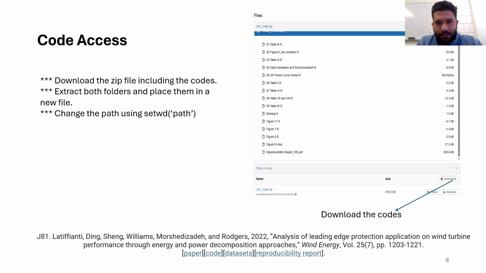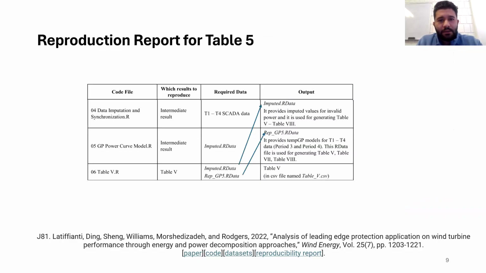But after extraction of the data and codes, in case you want to reproduce this work, please remember to change the path to the folders to your local path. And then, for example, the first table we're going to see is table 5.